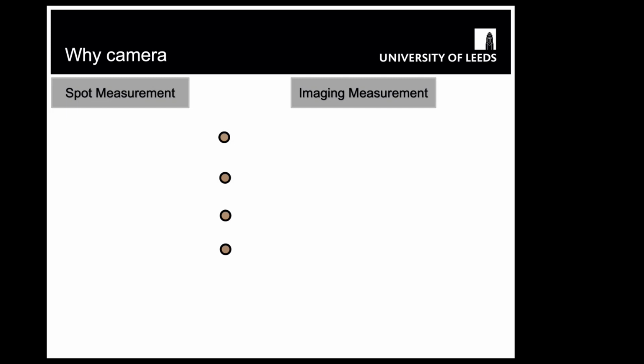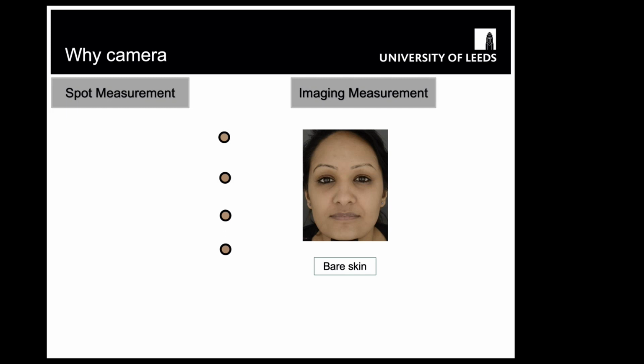Okay. How about the imaging measurement? Generally, you use a digital camera to capture the whole face, and you get the whole image. For each pixel of your image, you can predict either the XYZ tristimulus values or the spectral reflectance.